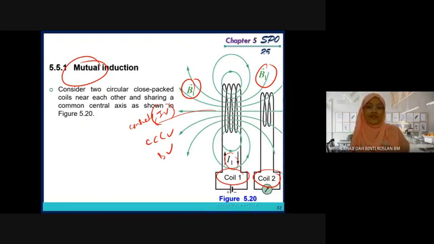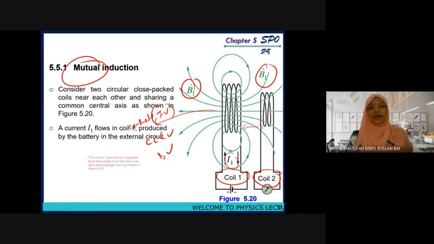So coil 2 duduk memang dekat-dekat. So dia rasa. So kalau saya cakap dekat kelas saya, awak ada dua kawan, B ni saya cakap bangga. So kalau awak rasa B, awak akan rasalah B because you are too close. So that's why dia akan rasa B, this one lah.